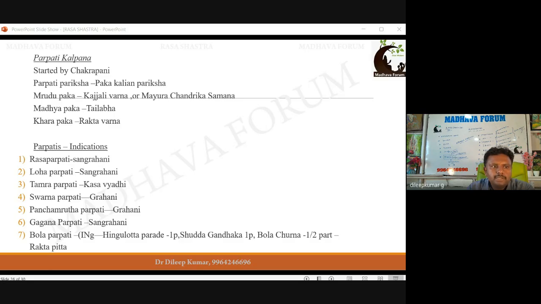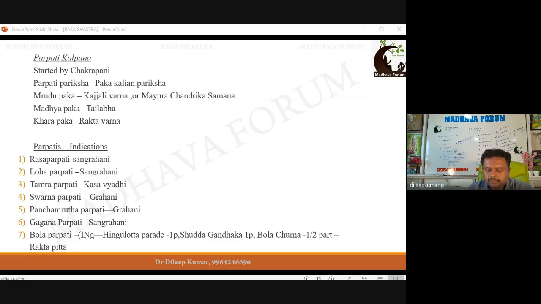In Mrudupaka, how will it appear? In Paka Kalina Lakshana, the Paka will resemble Mayura Chandrikavat Varna, the peacock feather color. That is Mrudupaka. Madhyama Paka is Taila Varna.